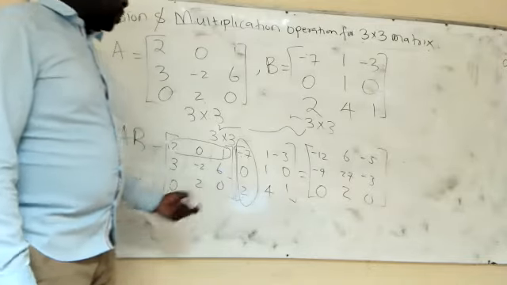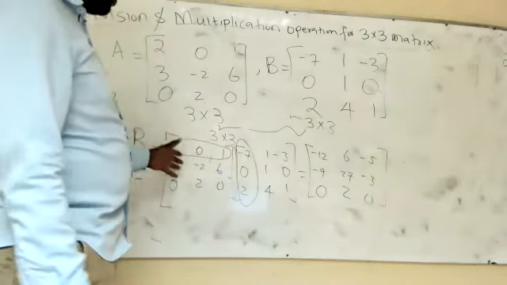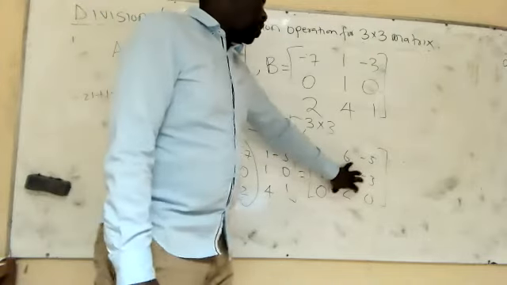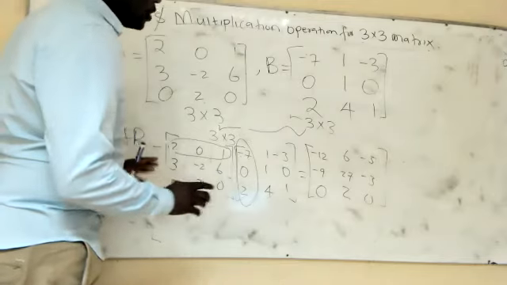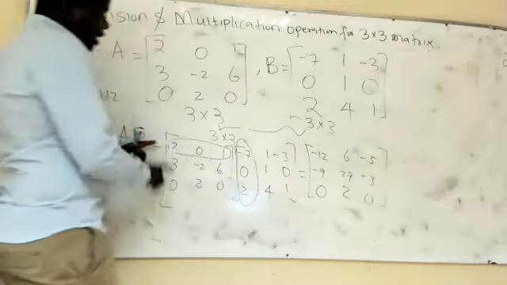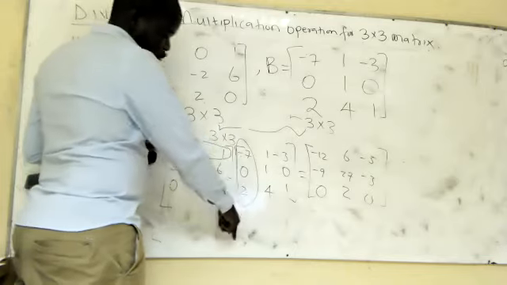Let me quickly explain to you how we multiplied the matrix, and then from there you will try to get the matrix that we have there. For the first component, you obtain it by multiplying the first row and the first column.